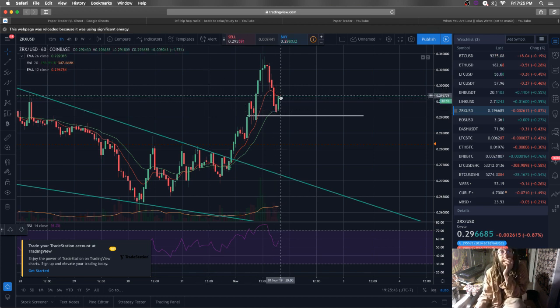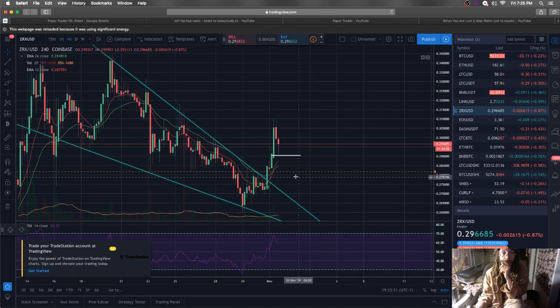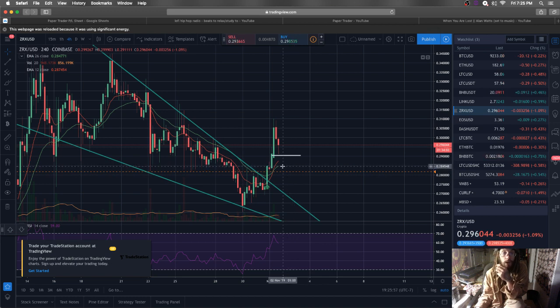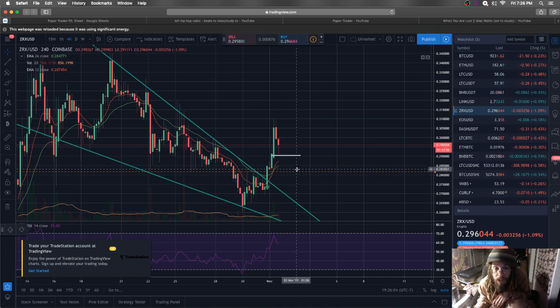If it doesn't, it might have a rejection off the 12 here and come back down and go through this, and then we would zoom out to the 4 hour EMA or just a higher low compared to 282.58, somewhere around there.